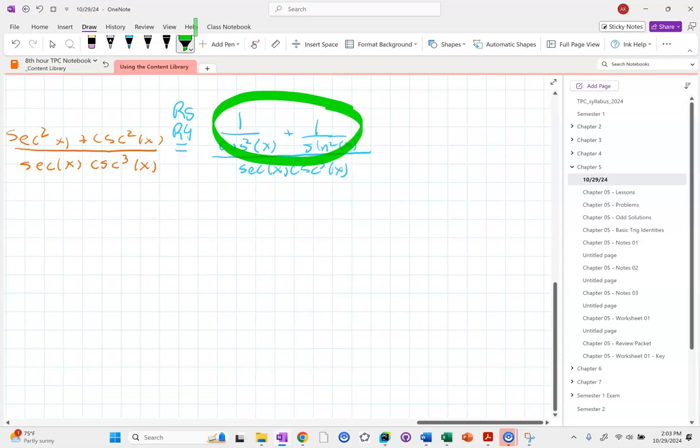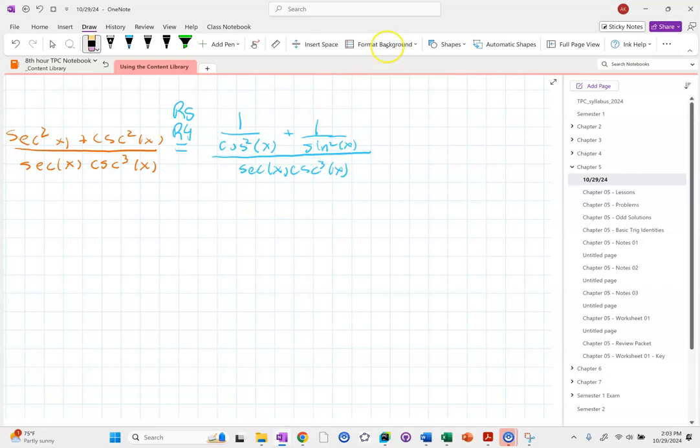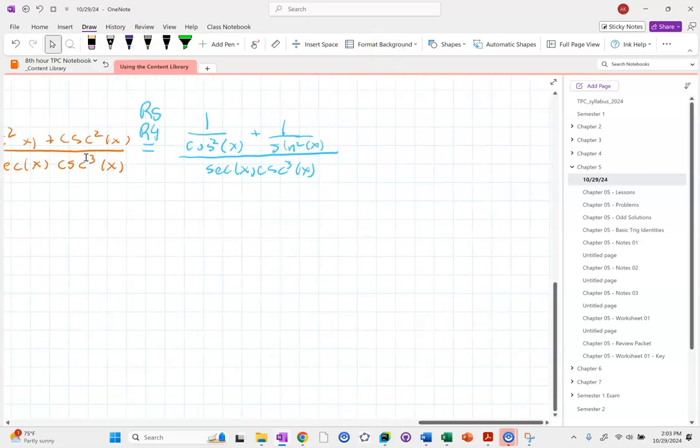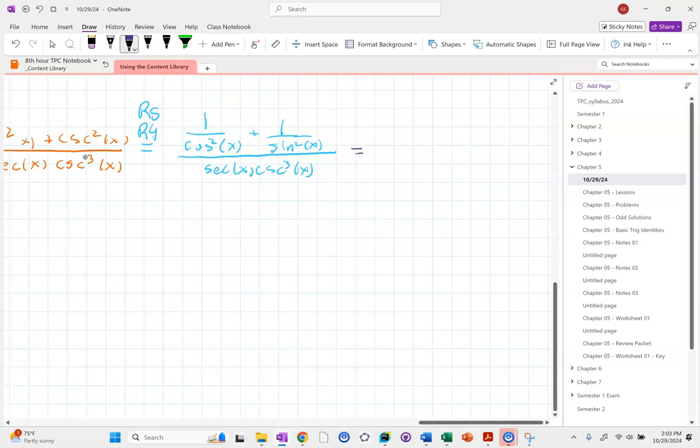But to add these things together, what do I need? What would that common denominator be? It'll be cosine squared times sine squared. If I have 1/2 plus 1/3, the common denominator is going to be 2 times 3.